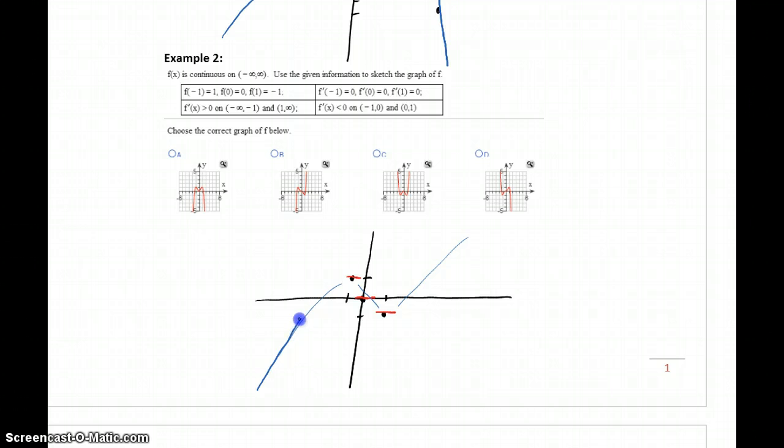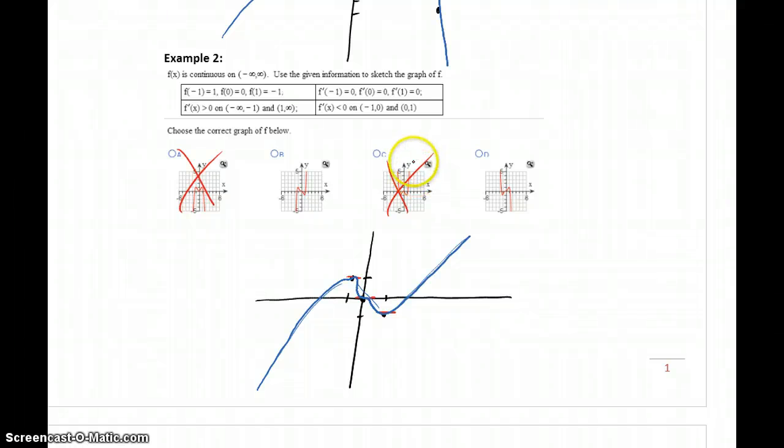So we want a function that's increasing, levels out at -1, and changes direction to decreasing, levels out again at 0, but doesn't change direction, then levels out at 1 and changes to increasing. So we can throw out A and C, since they don't have the right kind of behavior.